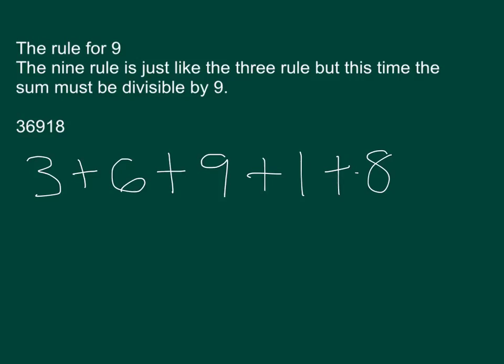I know that 1 plus 8 is 9, and I know 9 is 9, and I know 3 plus 6 is 9. So, well, I know that 9 is going to be divisible into all of these numbers. So, I know that this entire number is going to be divisible by 9. It's just like the 3 rule. Add all the numbers up, and if you get the answer, can 9 divide evenly into 27? Yes, it can, so this entire number is divisible by 9.